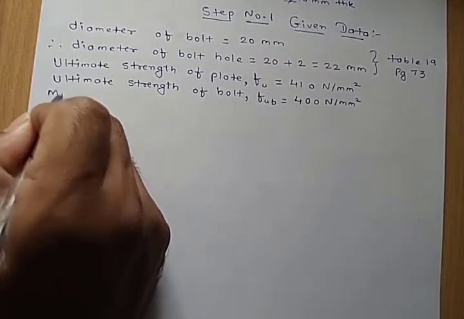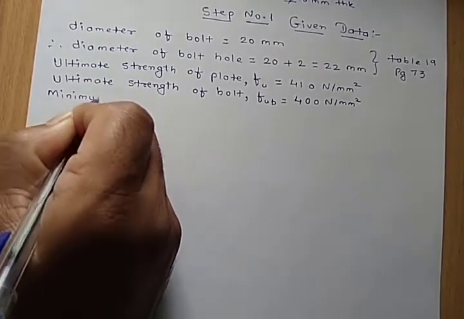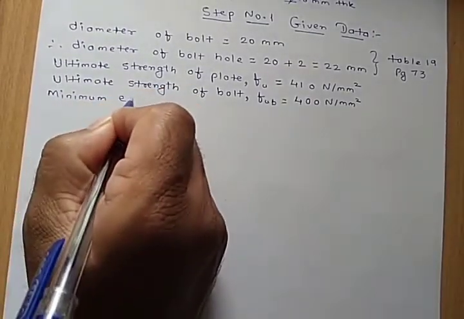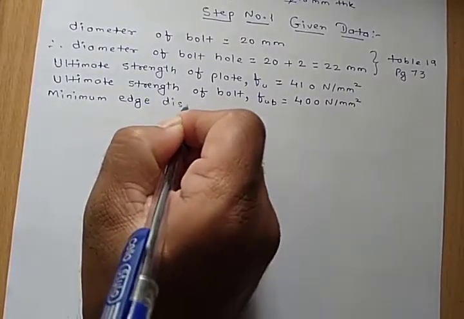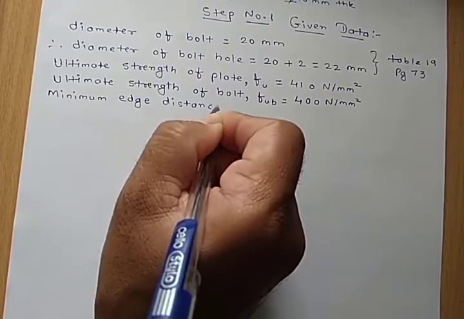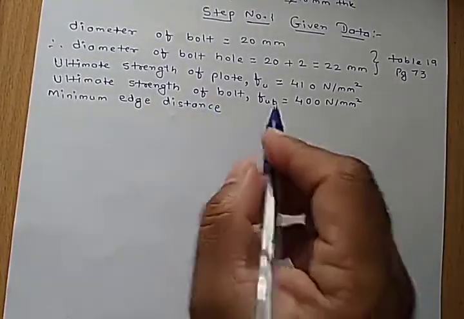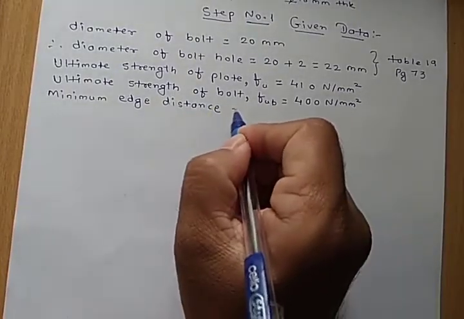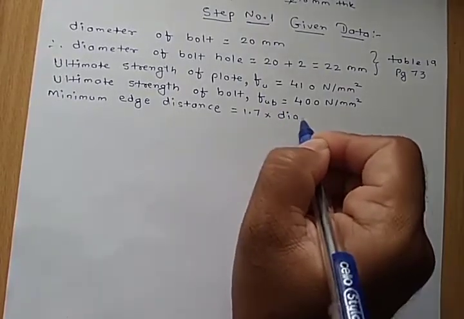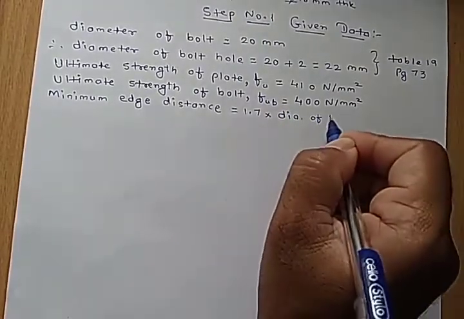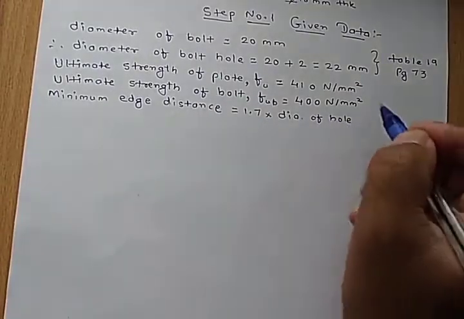We got this from clause 10.2.4.2, page number 74. So 1.7 into 22, which is the diameter of the hole, and we get around 38 mm.